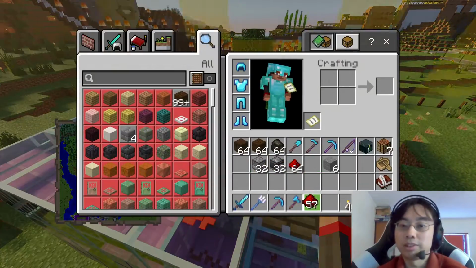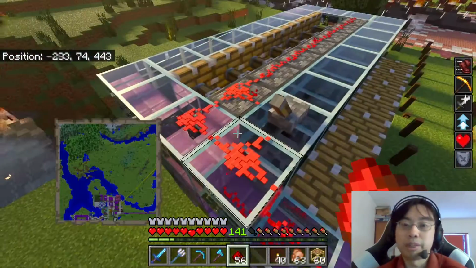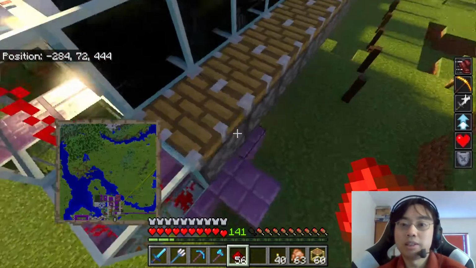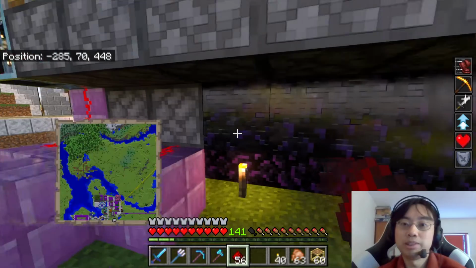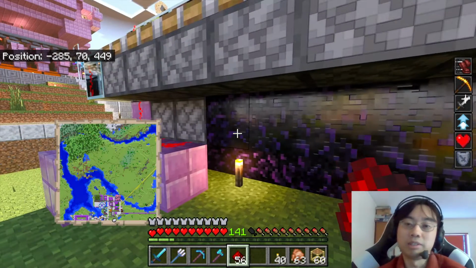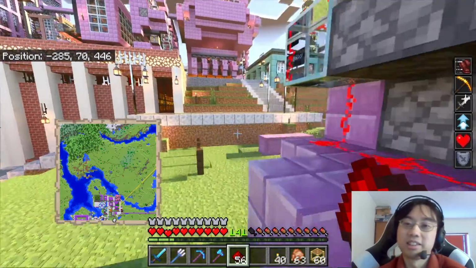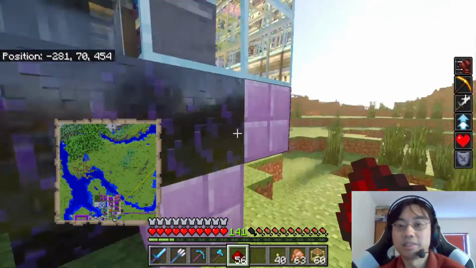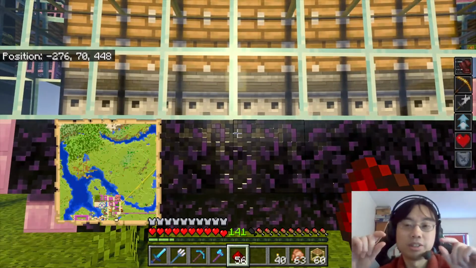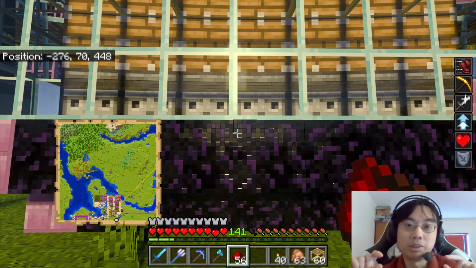So the way to get around this is, if I put this back. Down here, we have more pistons. You can't see it here because I had to block. Down here, we have the observers, and then we have honey blocks.